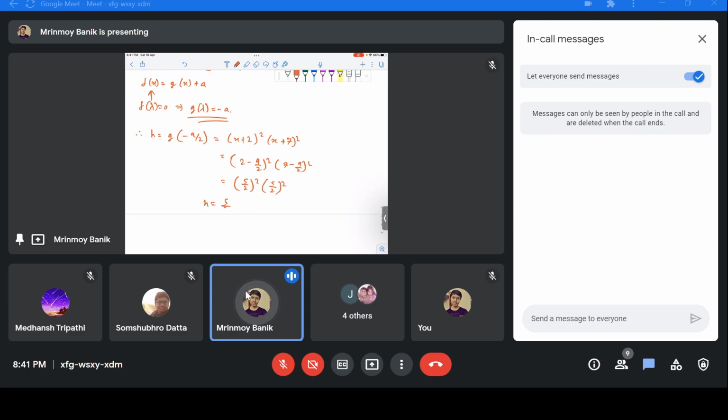So h is 5 by 2 whole power 4, and so we got a equals to minus h equals to minus 5 by 2 whole power 4.